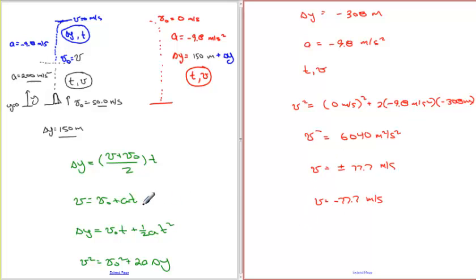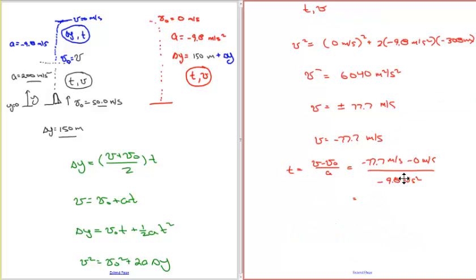So that's velocity, and then knowing that, we can solve for time. So T is equal to V minus V0 over A. V is negative 77.7, V0 is 0, divided by the acceleration, which is negative 9.8 meters per second squared. And since we get positive time, we know we got all the signs correct.